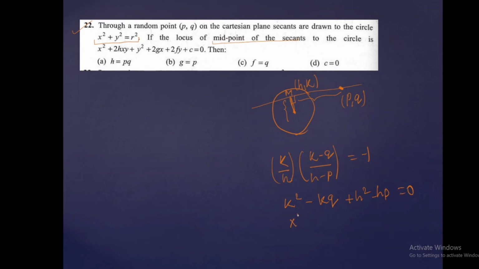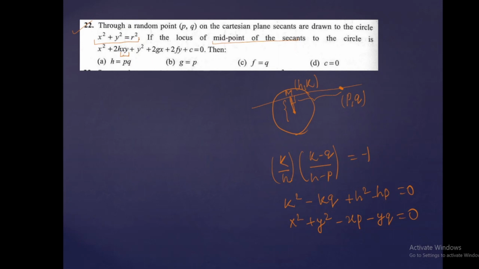So it is x square plus y square minus xp minus yq equal to 0. So you can see from over here that we don't have the term xy, right? We don't have the term xy.